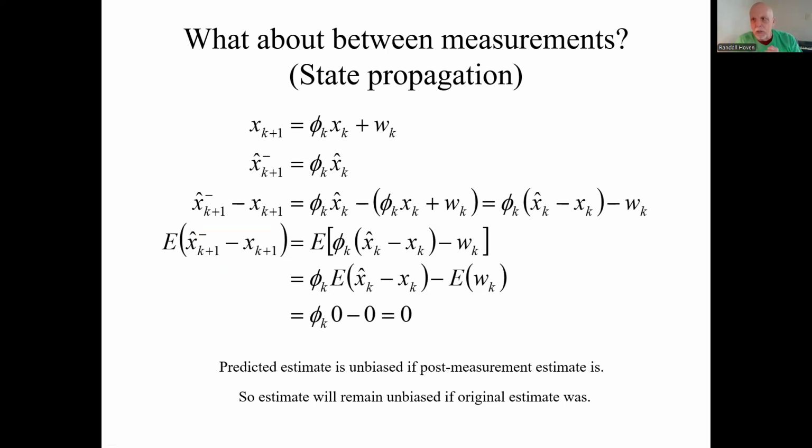When we propagate to the next time step, we're unbiased if we started unbiased. So we always remain unbiased if our very original estimate was unbiased. So we've imposed the unbiasedness, and here is the way we're going to propagate the state.